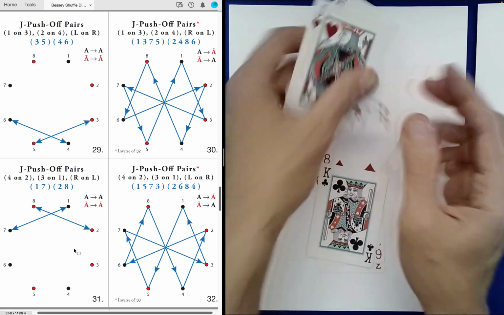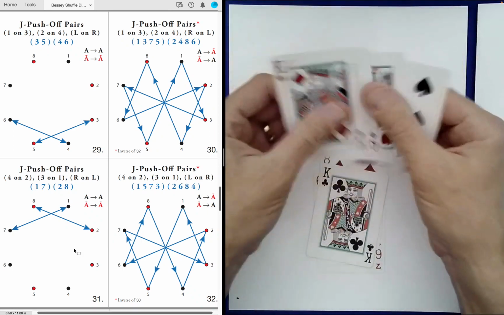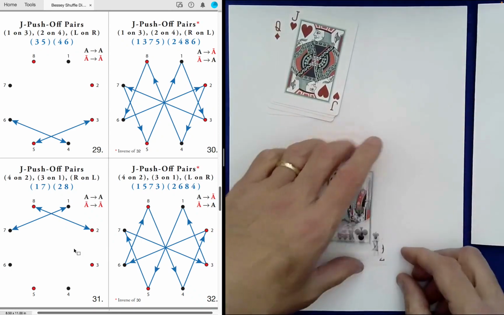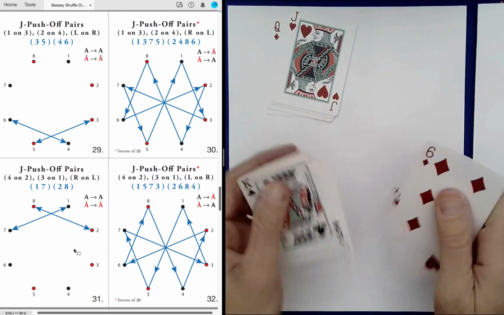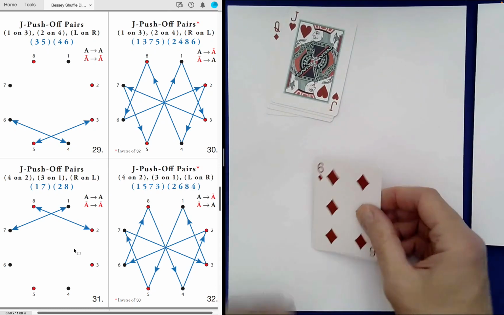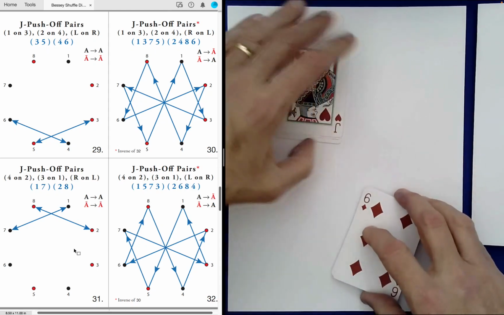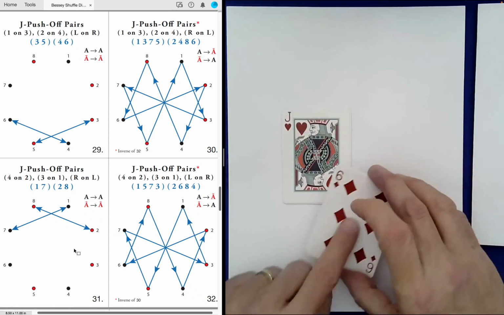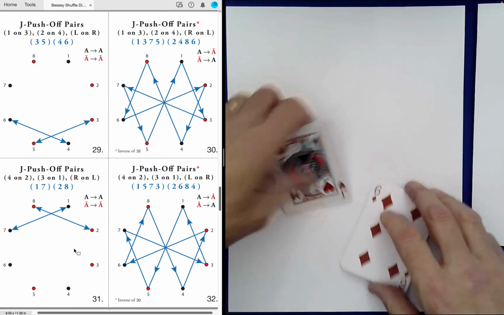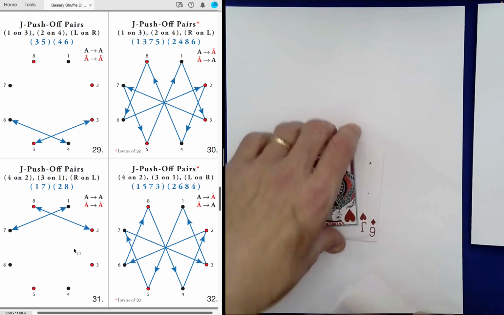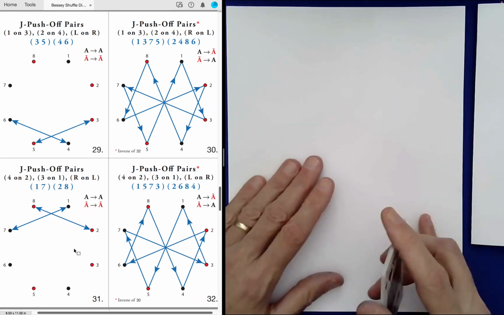Now, within each pile, these can be randomized. It doesn't matter what order these are in. The same thing here. Now, what will be important is that you just stack them as sets of 4. So I can put this one on top of that one, or vice versa. That stacking doesn't matter, actually. Okay?